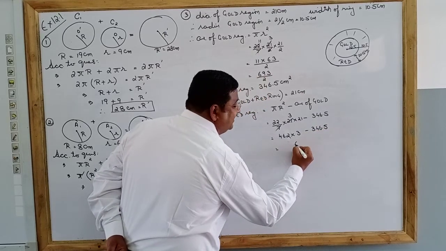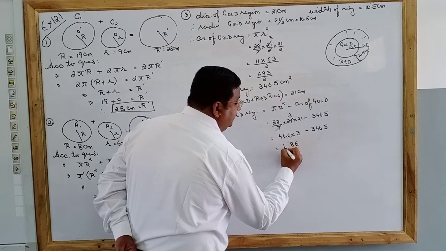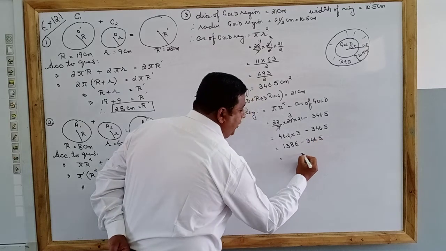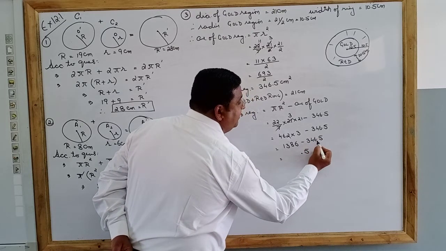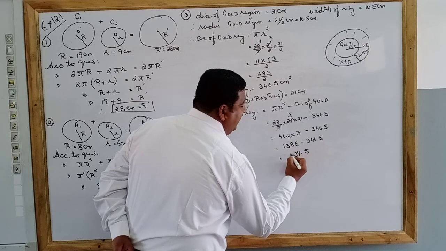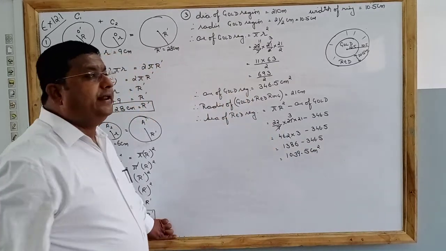So 3 twos are 6, 3 sixes are 18, carry 1, 3 fours are 12 and 1, 13, minus 346.5. Can we subtract? 0.5. 15 minus 6, 9, 7 minus 4, 3, 3 minus 3, 0 and 1. This is the area of red region.